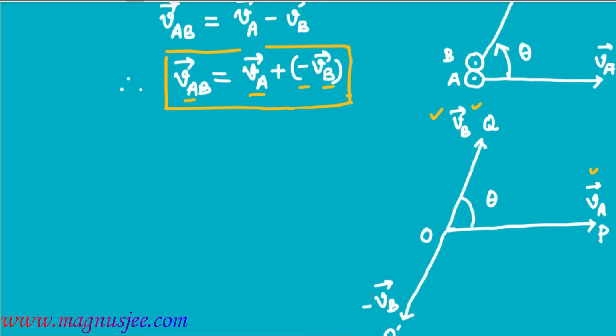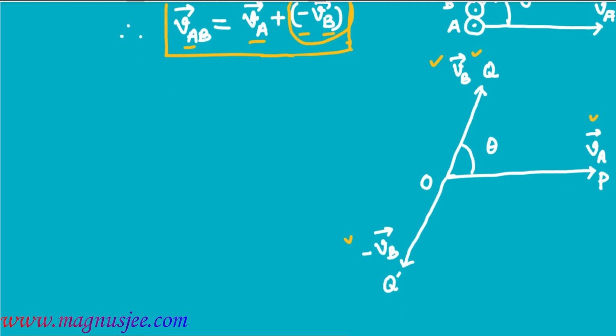Now we have to add OP and OQ prime, that is, vector VA and minus vector VB. For that we can draw a parallelogram containing vector VA and minus vector VB.